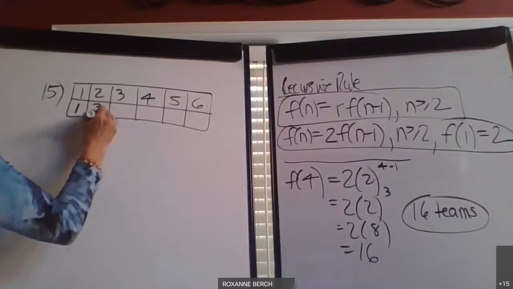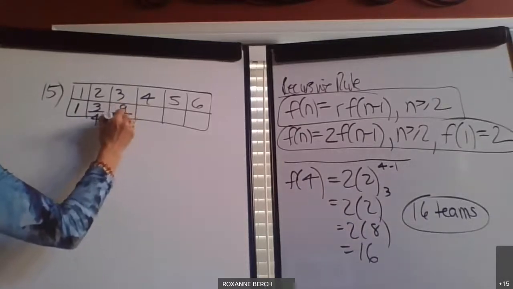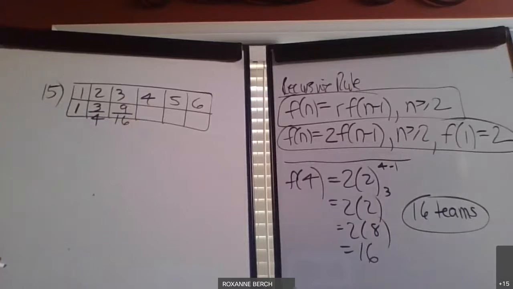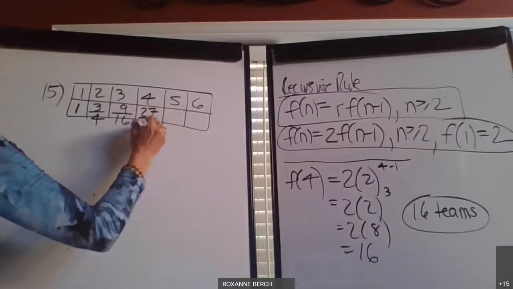It would be 3/4. 3 out of 4 parts. What would be your next term? 9 out of 16. What would be your next term? 27 out of 64.